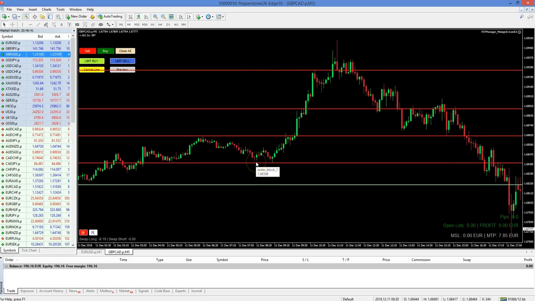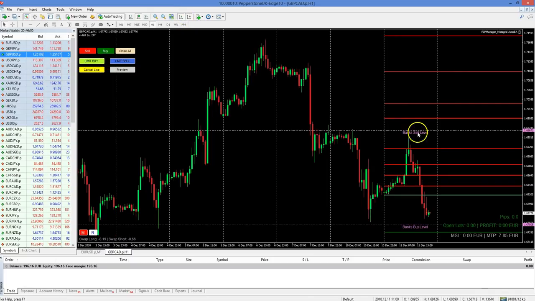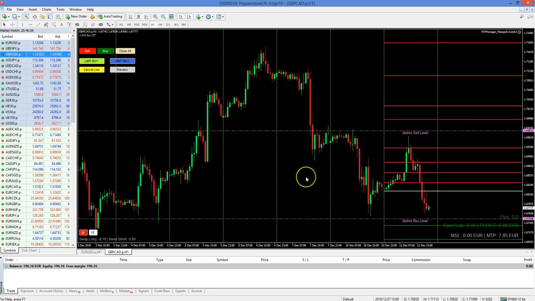And if you had made a grid from here to here, that would have given a lot of profit. And this is how I trade the order levels. I choose levels where two lines of the same color are close together, and then I make my grid there. And this is what the auto trader does.